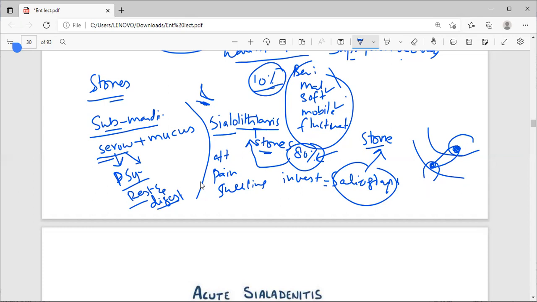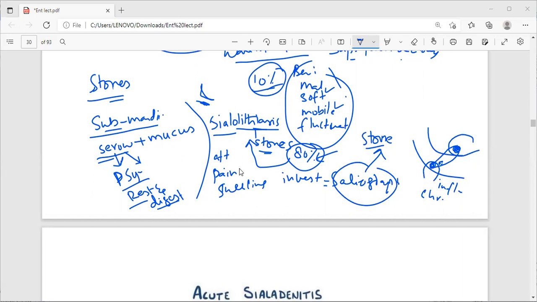Now whenever the stone is stuck in the pathway of the submandibular gland, it will lead to inflammation, and this inflammation will be chronic. That's why these stones can lead to chronic sialolithiasis.